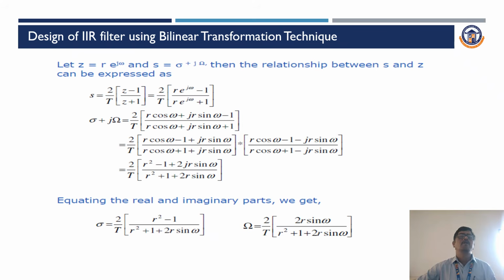Let us define z equal to r e power j omega. The s domain has a real and imaginary part, sigma plus j omega.